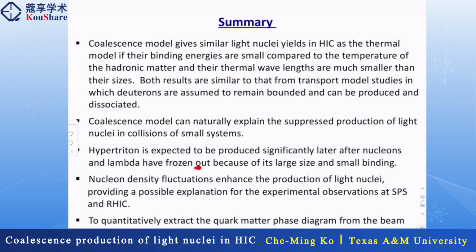So to quantitatively extract the quark matter phase diagram from the beam energy dependent light nuclear yield ratio definitely remains a challenge. I hope eventually a more quantitative study can be developed.